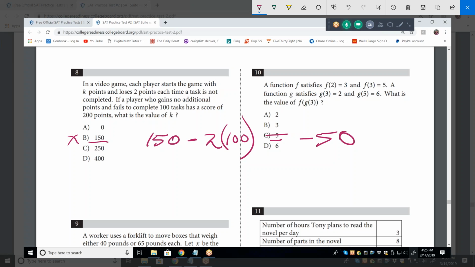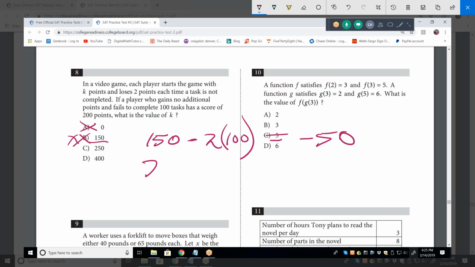Now it only requires one more calculation. In other words, I'm to the point where I can cross off A, I can cross off B, and if I try C or D, I will know the answer. Now, I can try 250.